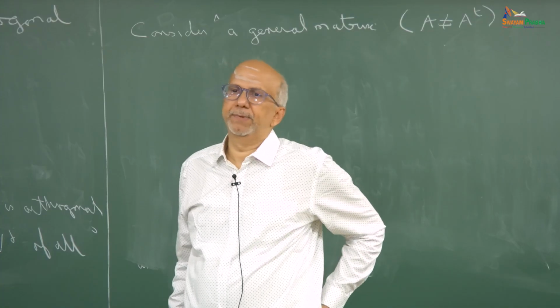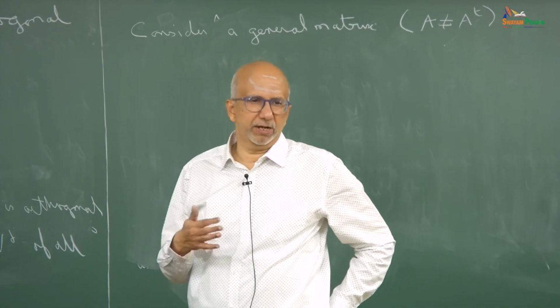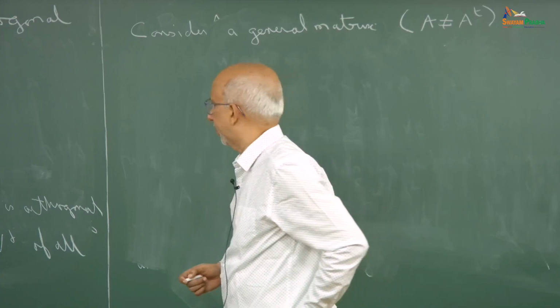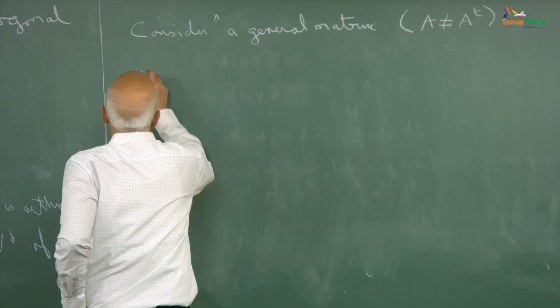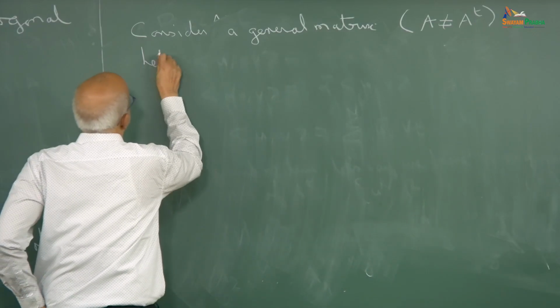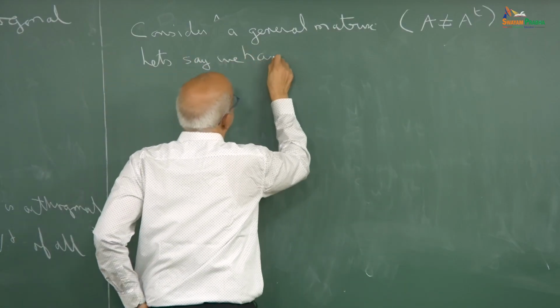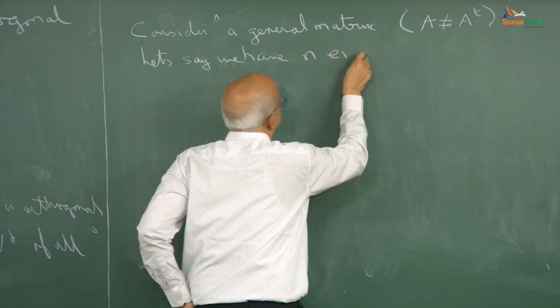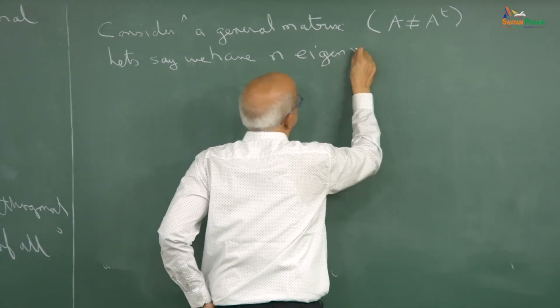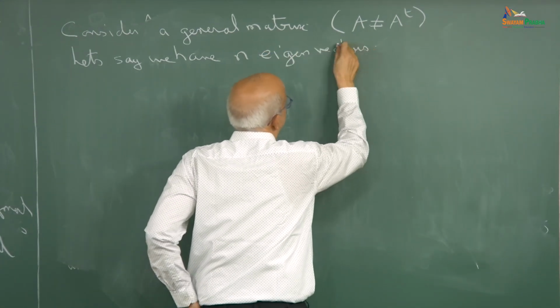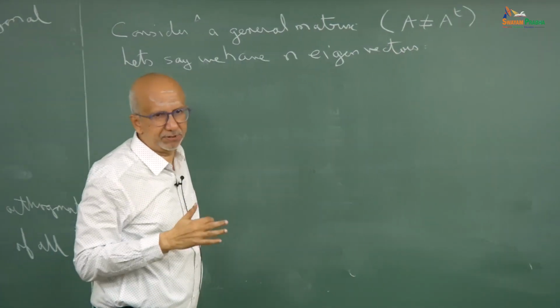And let us assume for now that we have n eigenvectors. I want to emphasize that I am kind of making an assumption, I will explain it later.